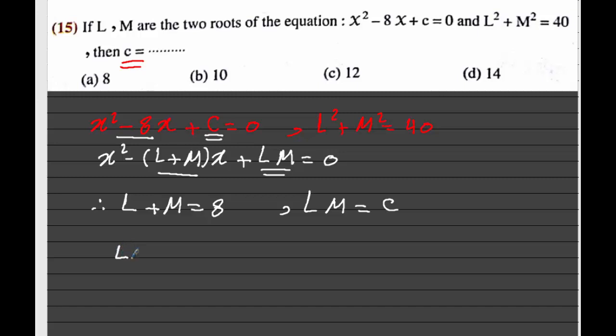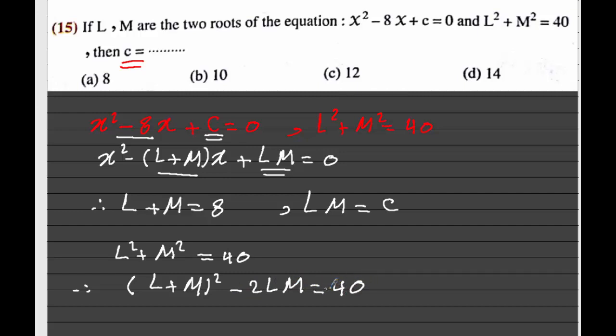Again we have L squared plus M squared equals 40, and the left hand side, L squared plus M squared, I can write in this form: (L plus M) all squared minus 2LM, all equals 40.